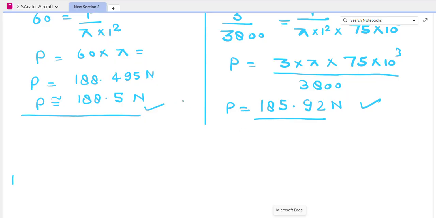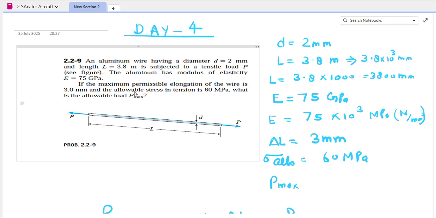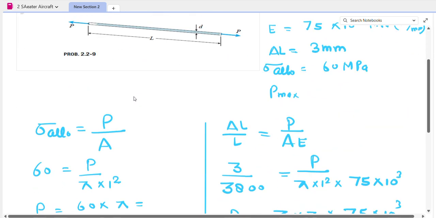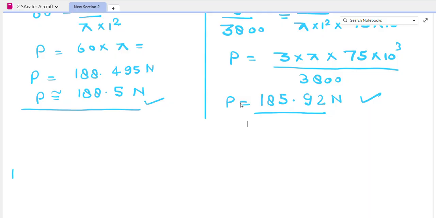If I apply the force 188.5 Newton, the elongation will be more than 3. The question is telling that the maximum permissible elongation of the wire is 3 millimeter, it means the wire will stretch at most 3 millimeter. For that case I want to know the force, so I will apply 185.92 Newton. If I apply more than 185.92, the elongation will be more.